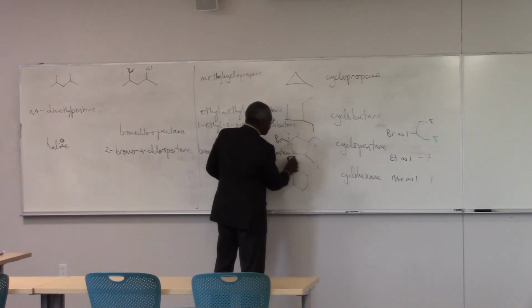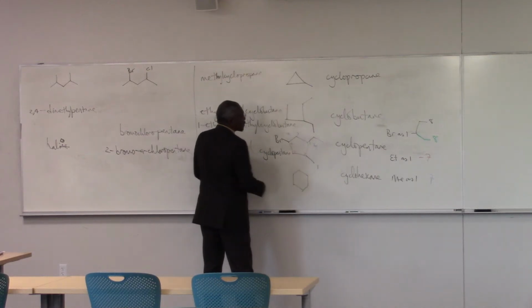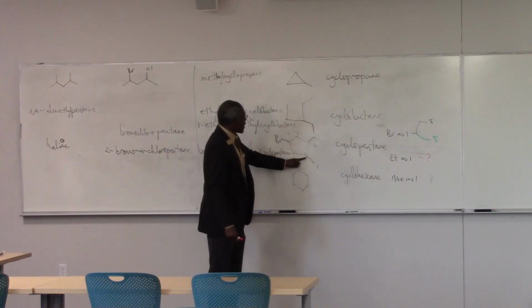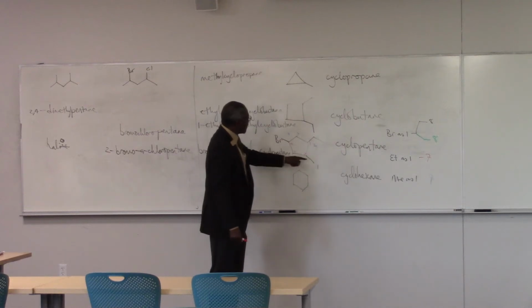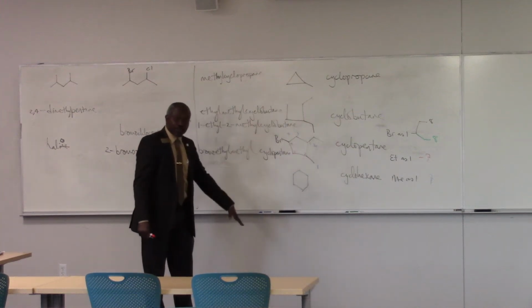I'm keeping the blue and the red. Okay. So if I numbered this way, I'll have a 1 for the ethyl, 2 for the methyl, 4 for the bromine. If I numbered this way, I'll still have 4 for the bromine. So it's a wash for the bromine.